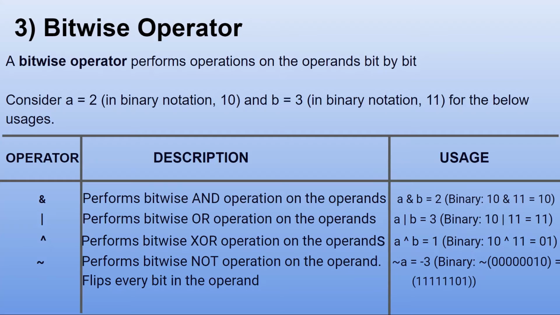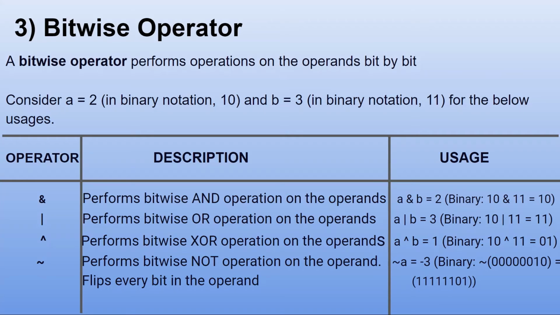These bitwise operators are of many types: bitwise OR, bitwise AND, bitwise XOR, bitwise complement, left shift, right shift, etc. Now we will go with the table of operators, description and usage.